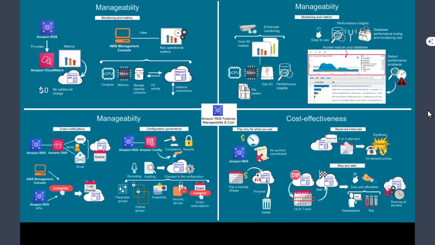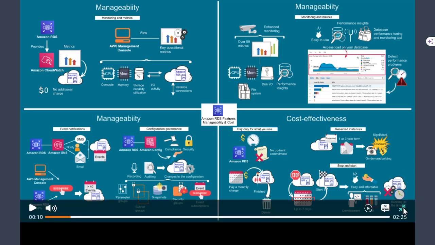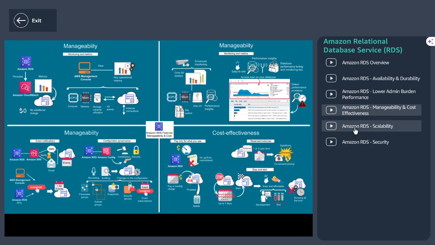We also have a number of types of event notification. We can govern configurations, we can monitor the metrics, and we can identify the pain points of our database's performance. Okay, so let's move to the next slide, which is scalability.